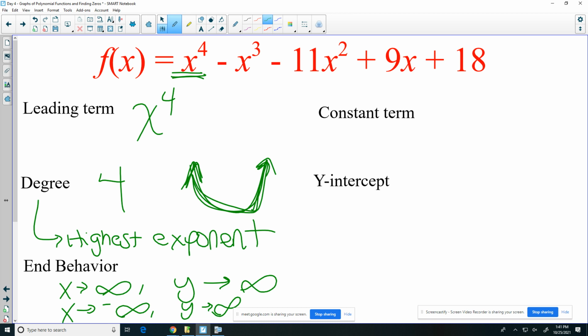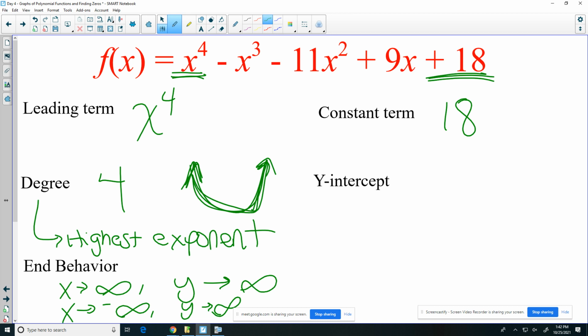Rosalind, what's my constant on this one? What's my constant? The number that will never change no matter what my variable is. Correct. My constant is 18. It's that number that's all by itself. It's got no variable with it. What does that constant tell me?